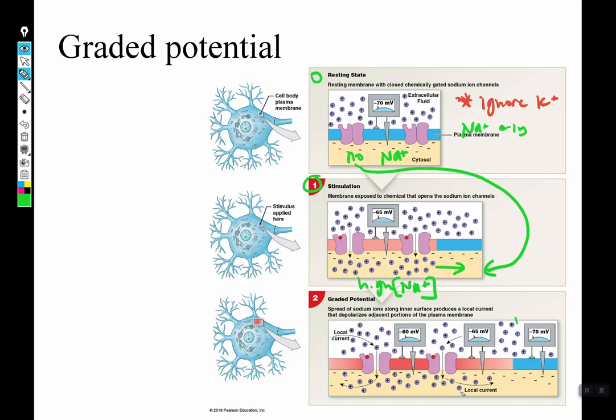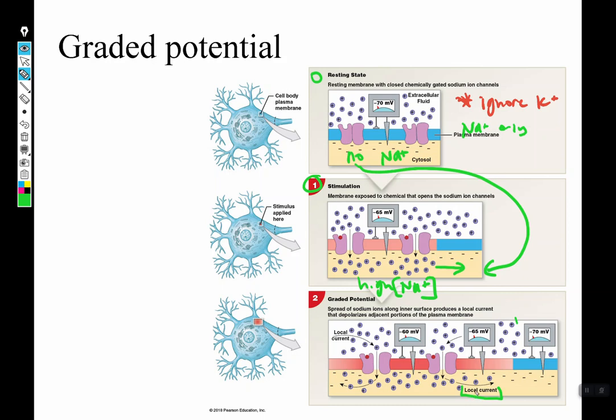And that lateral diffusion we call a local current, meaning that the laws of diffusion dictate that once this sodium makes it inside of the cell, it's going to wander over next door to where there isn't any sodium yet, because diffusion tells it to. It's like, well, I gotta go where there's not as much me. And so off I go to this area nearby where there is not as much me.